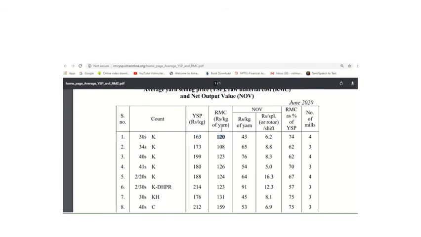Raw material cost is rupees 120 per kg of yarn produced, and then net output value is 43 rupees per spindle, or if it is rotor yarn, then per rotor shift it is 6.2, and the percentage of raw material cost from the yarn selling price is 74, and the survey was taken for 4 mills.